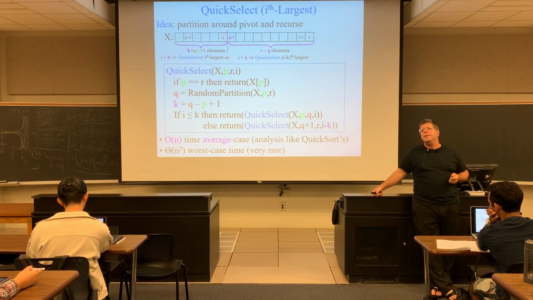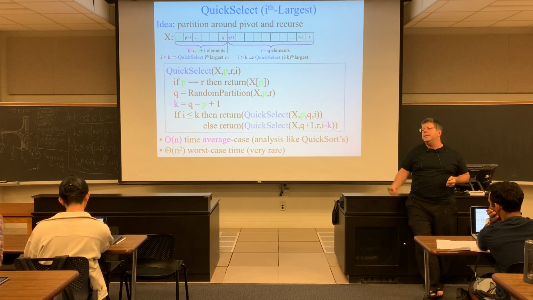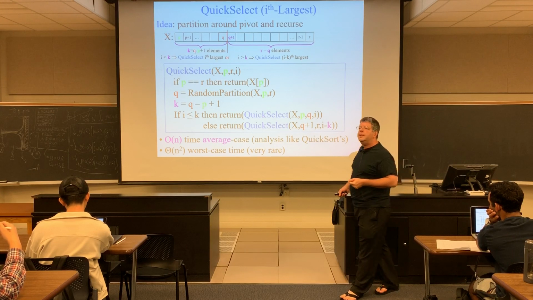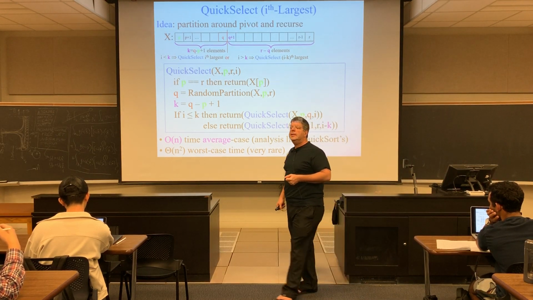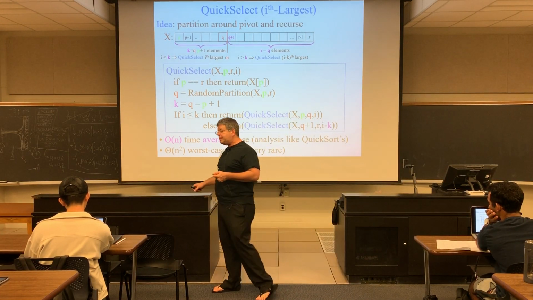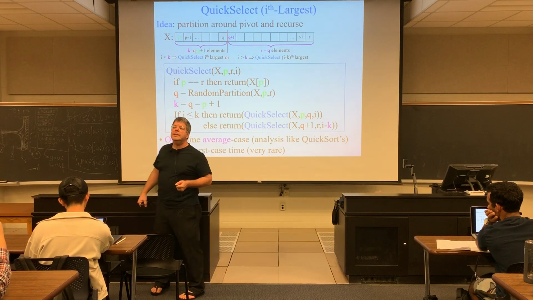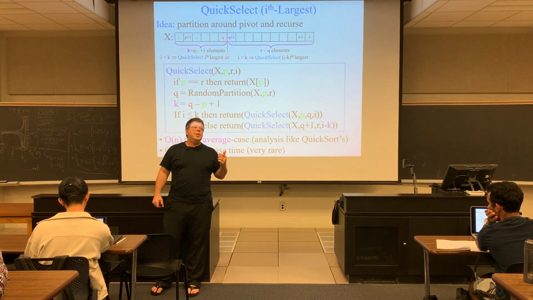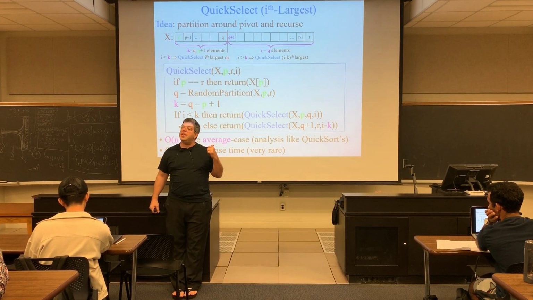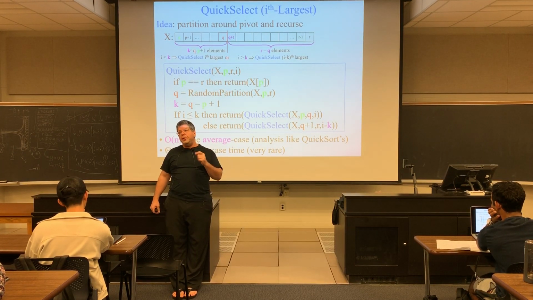It's quadratic. N squared. So we have put all the elements smaller than the pivot to the left. So why is the ith largest on the left? Yeah. So just like in quicksort, it suffers from the same worst case behavior, because if you pick a bad pivot, the split won't be 50-50 or 60-40 or 70-30.